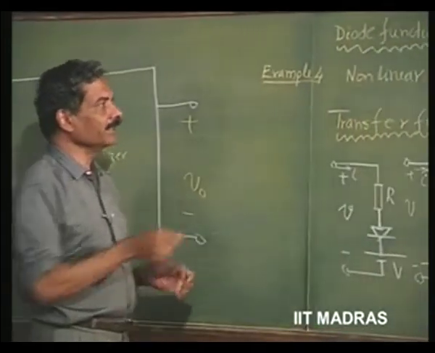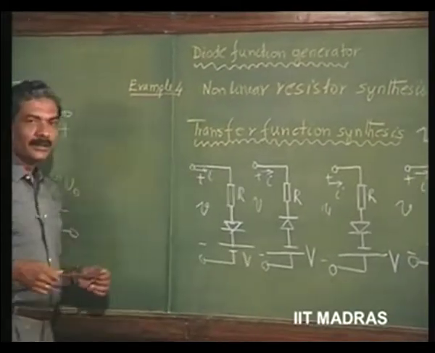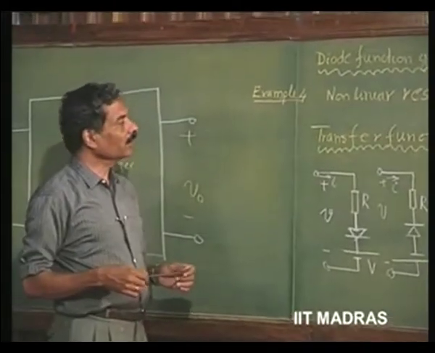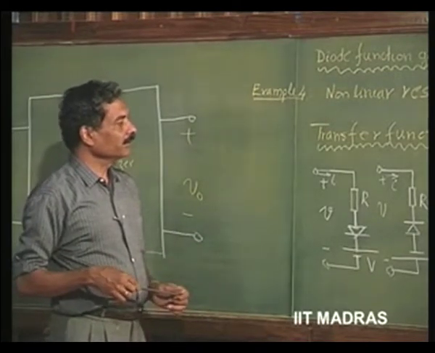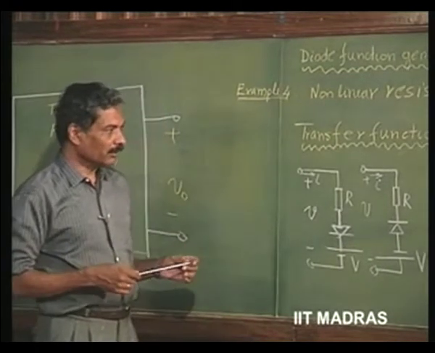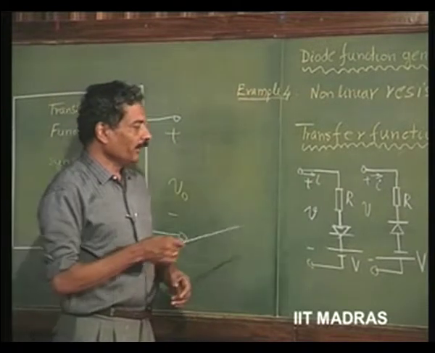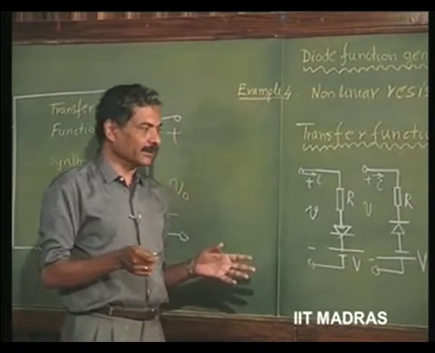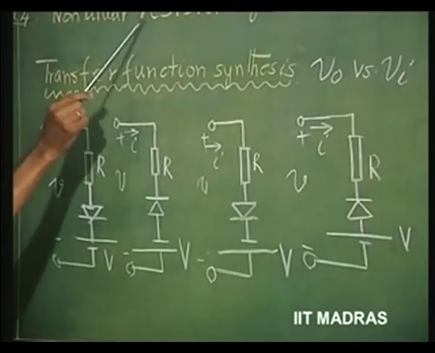For that purpose, we need the same diode, resistor, battery combination that we have used earlier. I will now put a general block of diode and resistors, which will be useful for any synthesis in practice, whether it is transfer function synthesis or nonlinear resistor synthesis.